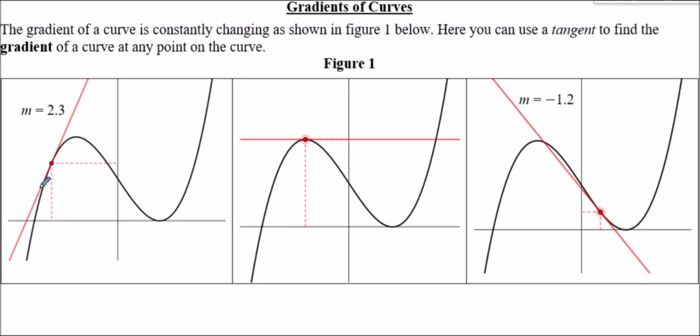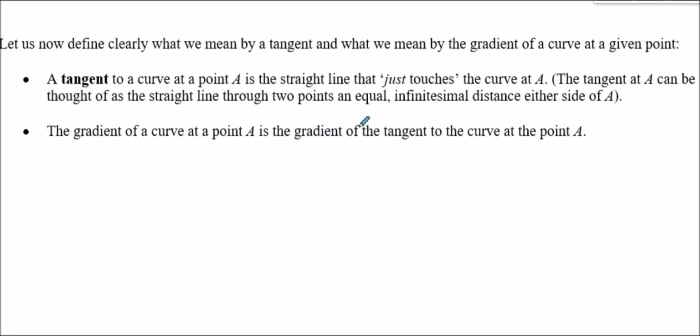So in terms of defining a tangent, you just need to be slightly careful. A misconception is that a tangent can only touch a curve once. That more or less explains it well enough in most circumstances, but just to be a bit clearer, a tangent to a curve at point A is the straight line that just touches the curve at A. Now, I don't mean just as in necessarily just once, but just scrapes it, so it just touches it without going inside the curve.